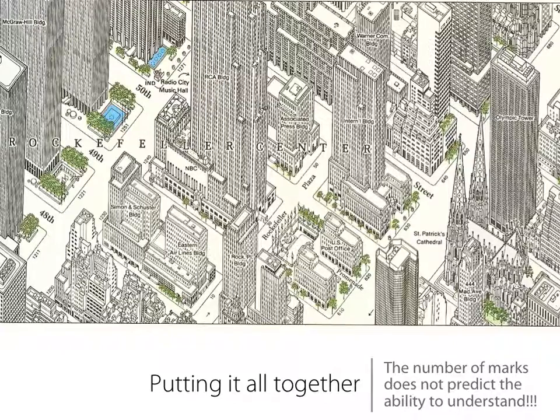So now let's put all of those Gestalt laws together so we can start to see how we see things. How are we going to make these into patterns? What you're seeing here is a pencil drawing of Manhattan. I want you to first look at the marks. There are an innumerable number of lines and dots and little blobs of color here and there, and more lines, and really lots and lots of lines.